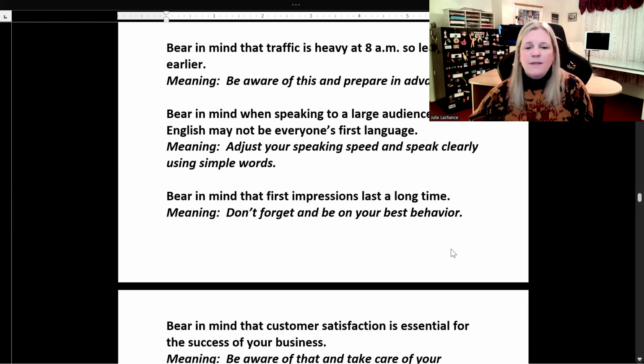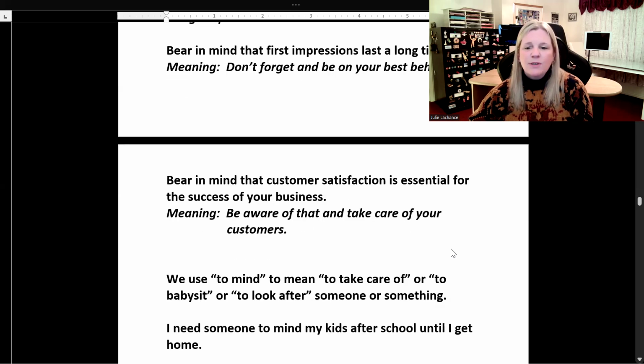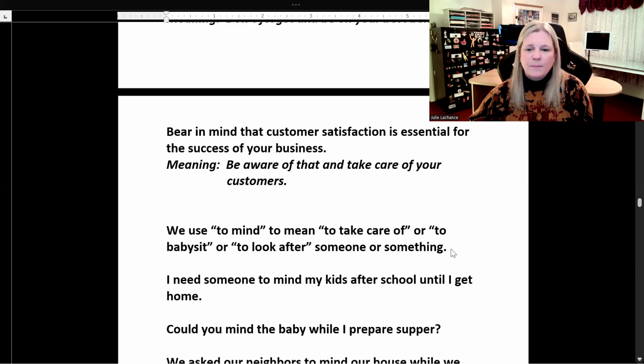Bear in mind that first impressions last a long time, meaning don't forget and be on your best behavior. Bear in mind that customer satisfaction is essential for the success of your business, meaning be aware of that and take care of your customers.